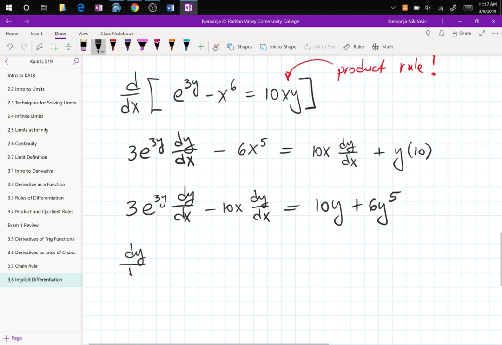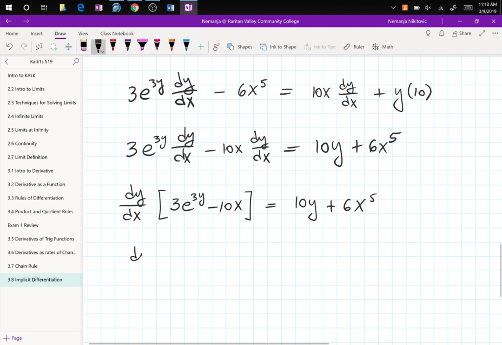Factor out dy/dx to get 3e to the 3y minus 10x is equal to 10y plus, oh, this was supposed to be 6x to the 5, guys. 6x to the 5. There we go, fixed. And the answer is dy/dx is, we divide, so 10y plus 6x to the 5 divided by 3e to the 3y minus 10x. And that's it.